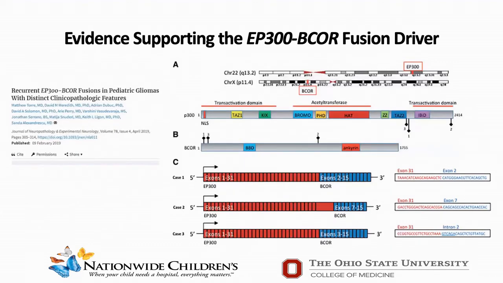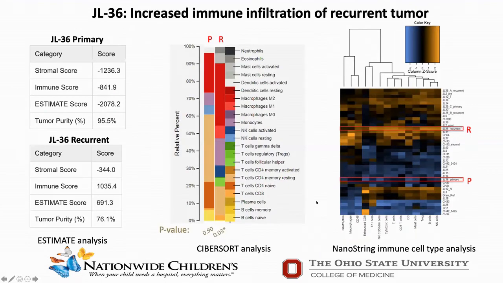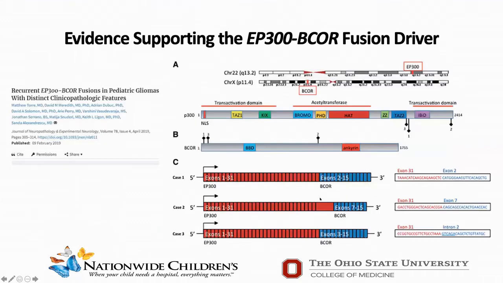And in the fullness of time, when we needed this information clinically for the patient, we were able to identify this newer paper from early 2019 showing, quote, recurrent EP300 BCOR fusions in pediatric gliomas. So when I say quote, literally, this is 3 patients that were identified across several different institutions that satisfied the definition of recurrent, and basically are shown here with 3 different cases with 2 similar and 1 different EP300 BCOR fusion.